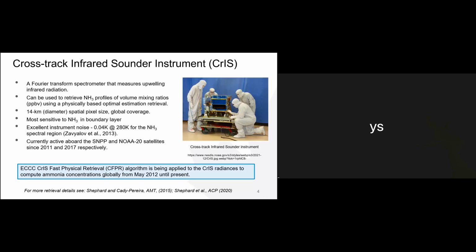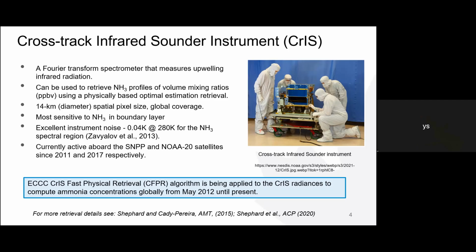To measure ammonia, our group is primarily using the CRIS instrument, which has a few details I'll quickly go over. It's a Fourier transform spectrometer that measures upwelling infrared radiation. It can be used to retrieve ammonia profiles of volume mixing ratios using a physically based optimal estimation retrieval. It has a 14-kilometer spatial pixel size with global coverage.